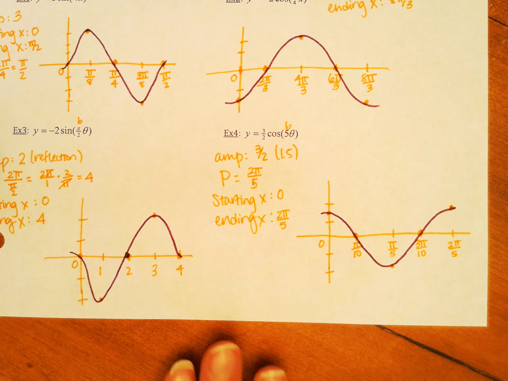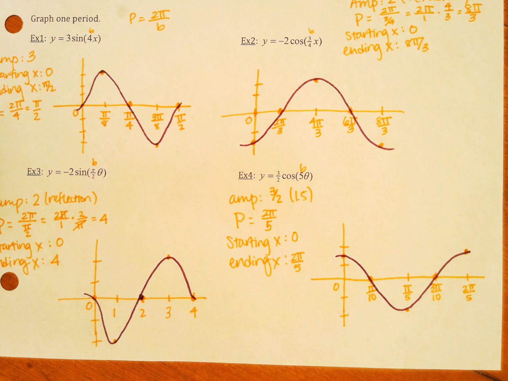So again, big idea for today is that a b value that's bigger than 1 will make our period shorter, and it'll make our periodic function go faster, so it'll have a higher frequency. It'll complete more cycles within that normal 2 pi range.